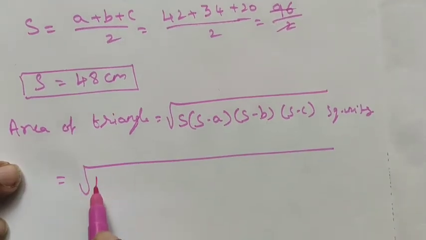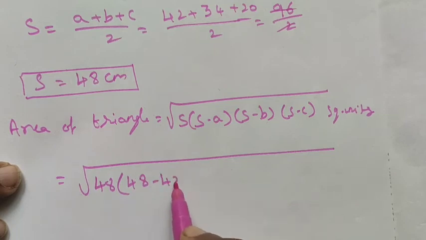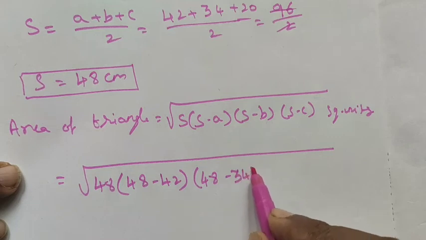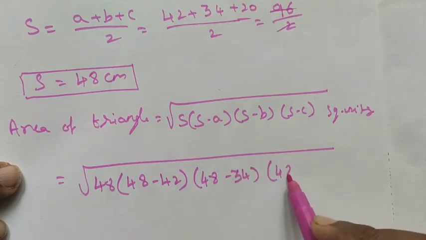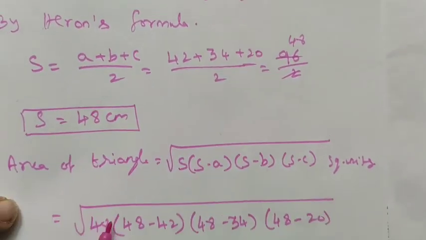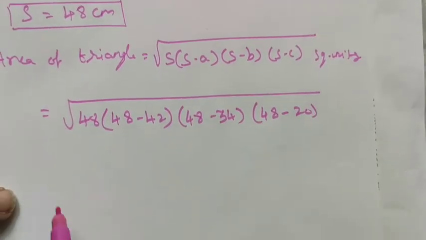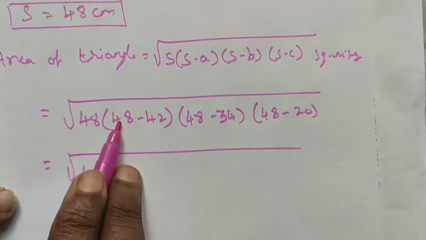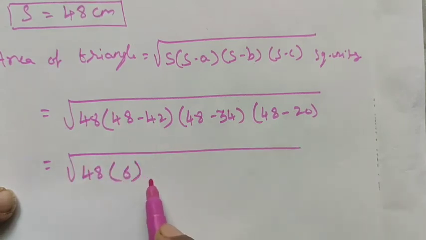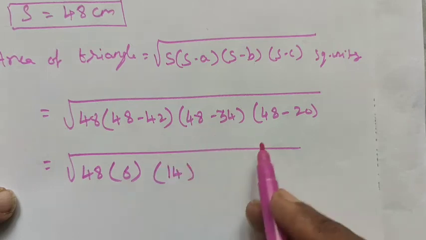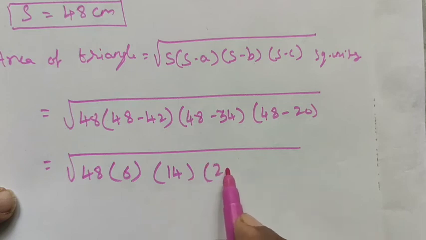Here S is equal to 48, and then 48 minus 42, 48 minus 34, and 48 minus 20. Now simplify this. We get root of 48 into 6, 48 minus 34 is 14, and 48 minus 20 is 28.